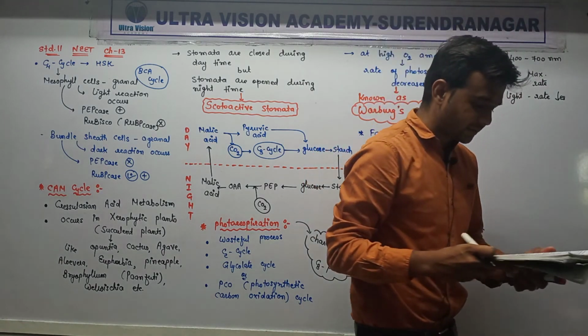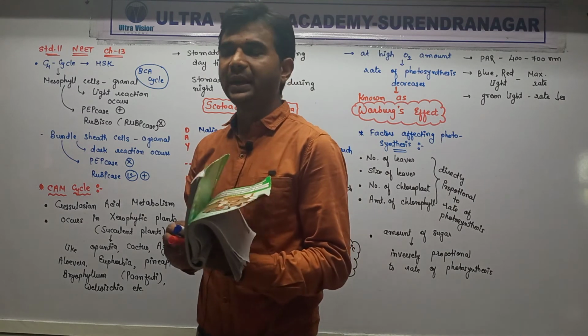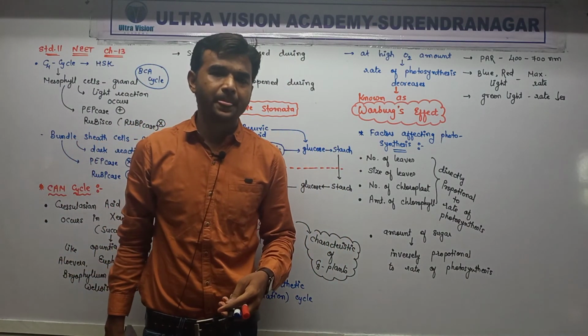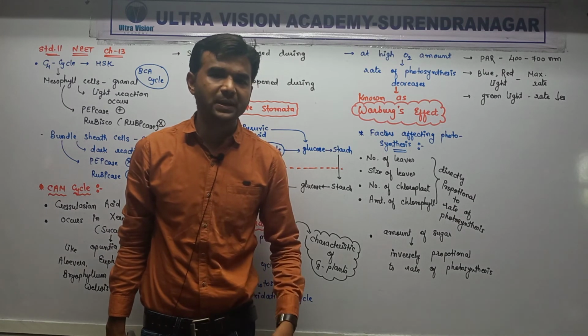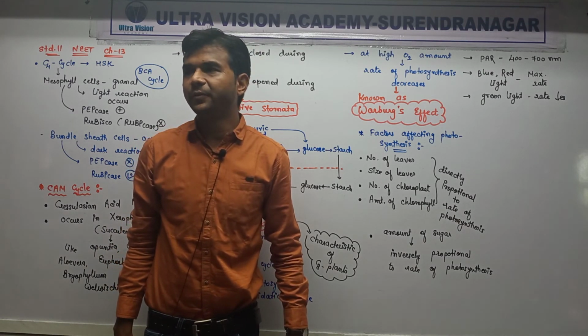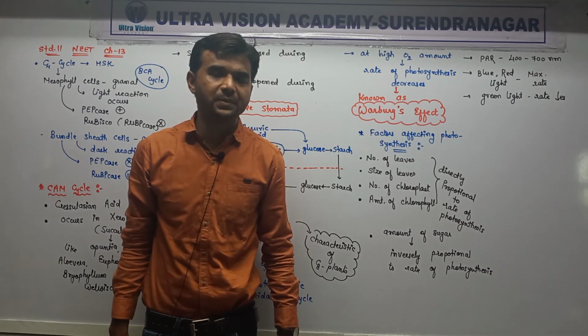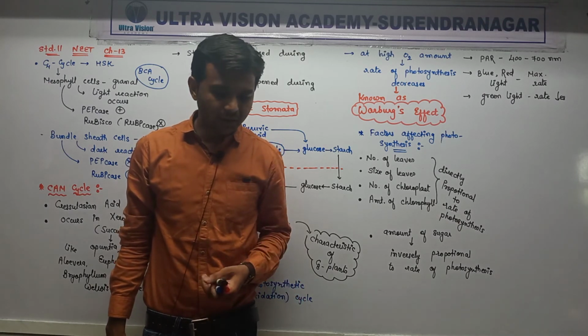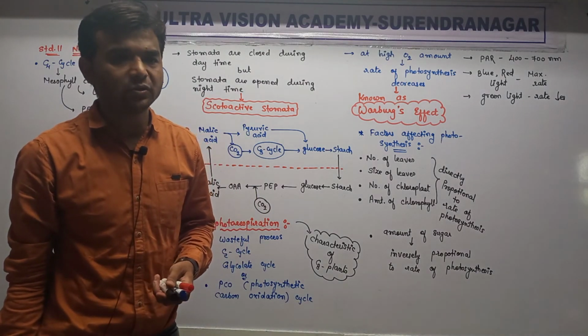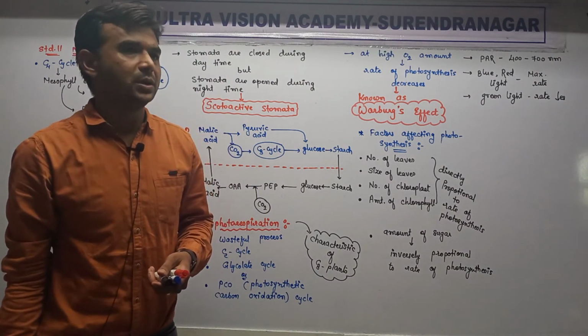Whereas CO2 concentration, as you know, in the C3 plants is 360 microliter per liter, and in the C4 plants is 450 microliter per liter, and the optimum amount of CO2 is 0.036 percent.